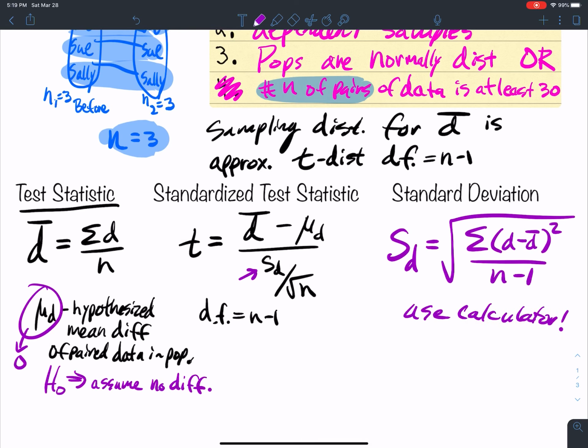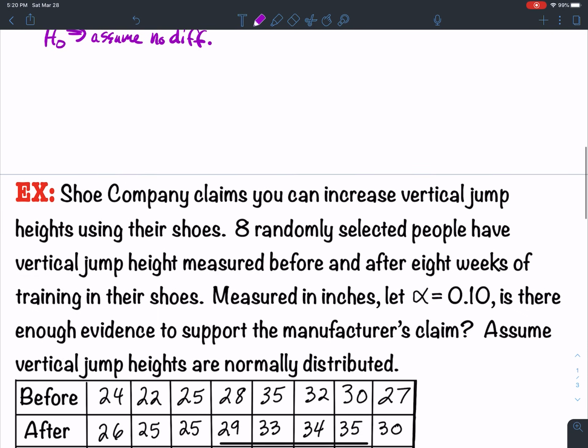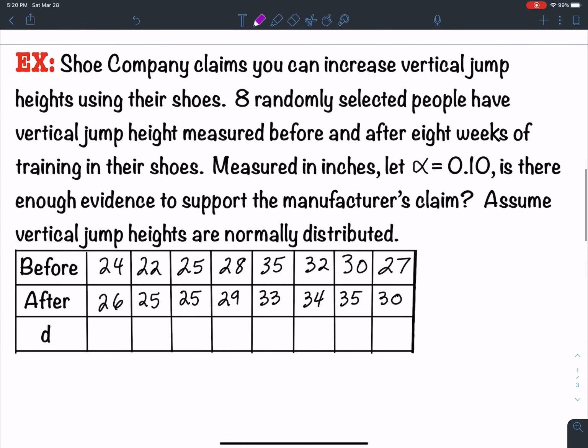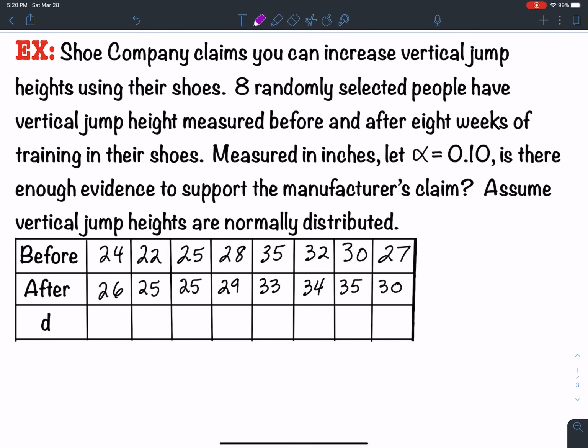We don't want to do that by hand anymore. That gives the standard deviation of the differences between paired data entries in the dependent sample. Okay, so let's run through an example here and I want to show you how this works. A shoe company claims that you can increase vertical jump.